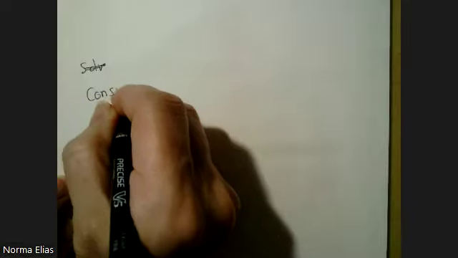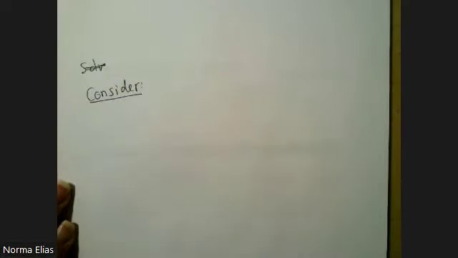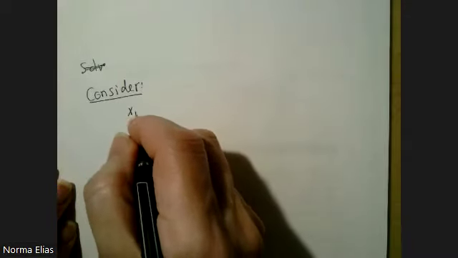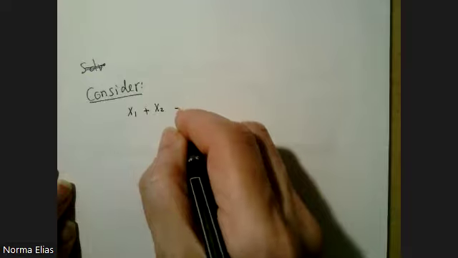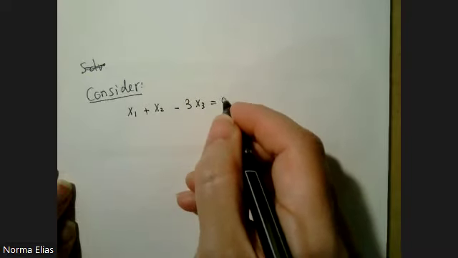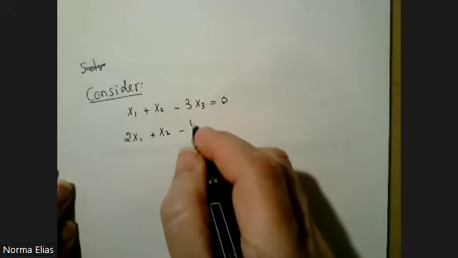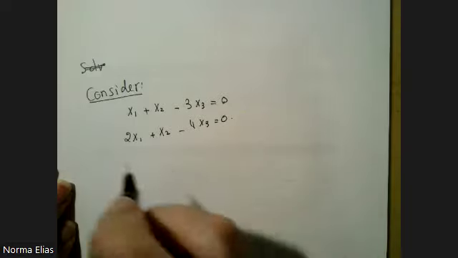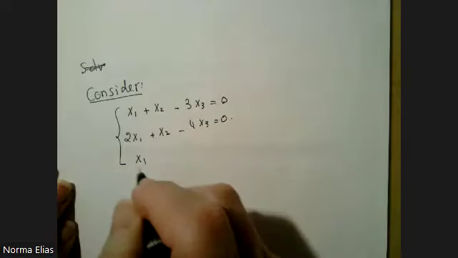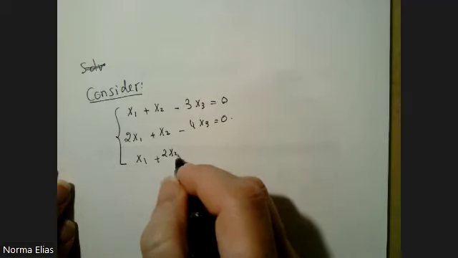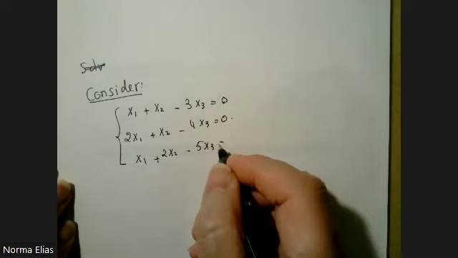The question is, solve the following system. First of all, let's consider the following homogeneous system, the one I just put on the board: x1 plus x2 minus 3x3 equal to 0, and 2x1 plus x2 minus 4x3 equal to 0, and finally x1 plus 2x2 minus 5x3 equal to 0.